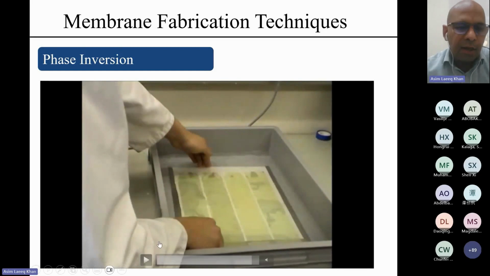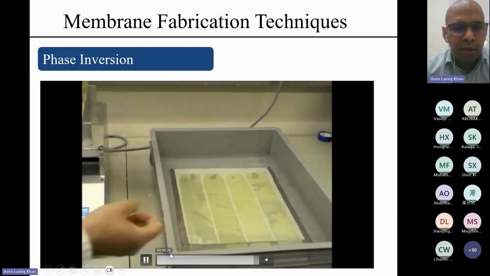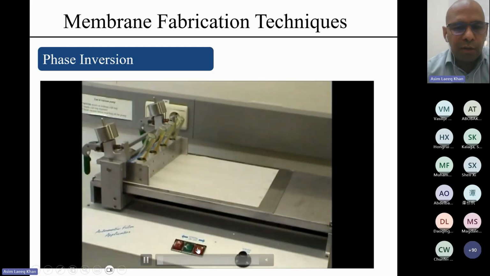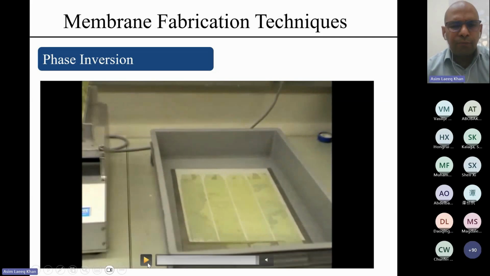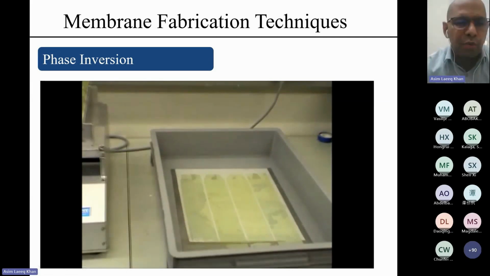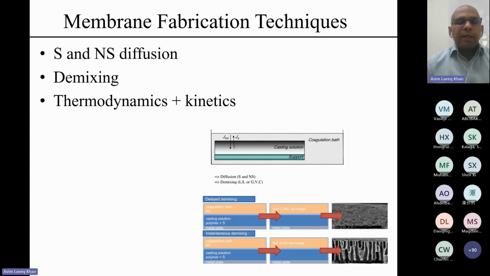And once again, non-solvent means a solvent where our polymer has negligible solubility. As a result, solidification of the polymer takes place, and we have films. Here we can see 4 different films of a certain polymer. This example is for polyamide, and then we use these membranes for application.